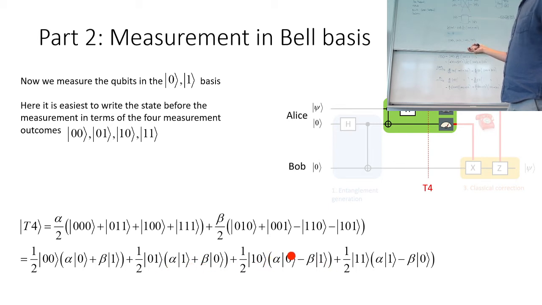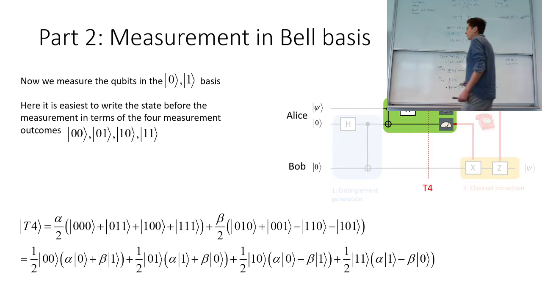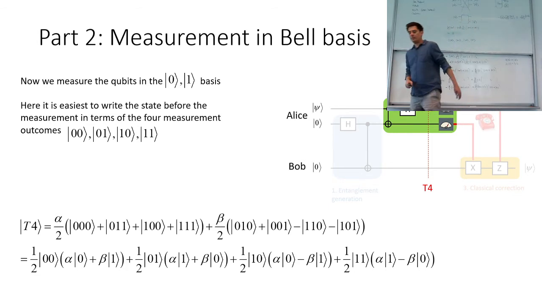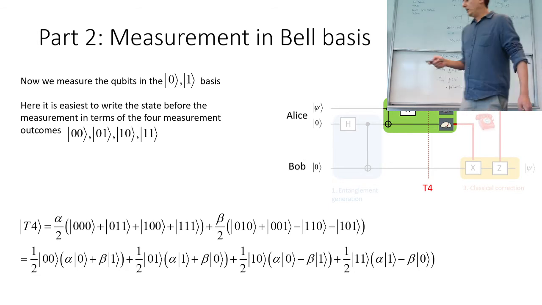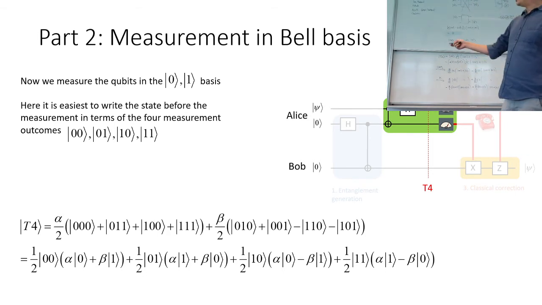Over here, again, it's looking a bit similar to Alice's state, but not exactly. It's basically the same, except that this one has a minus sign. And over here, it's like a combination of what happened here and here. The 1 and 0 are swapped, and there's also a minus sign. Okay, so at this point, that's just an interesting observation.